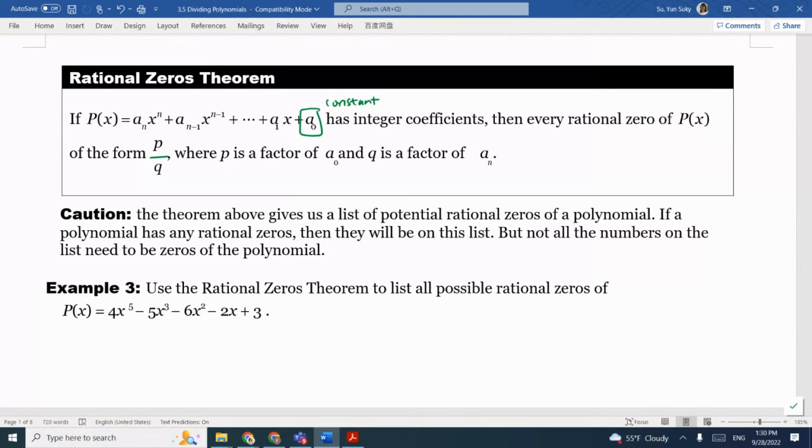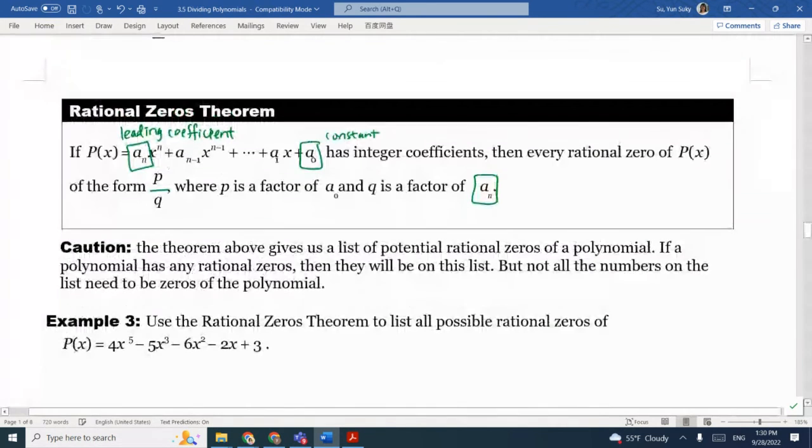And q is a factor of the leading coefficient. Okay. So what does that mean?